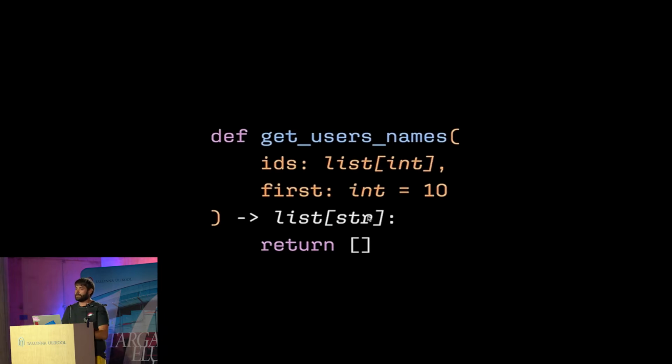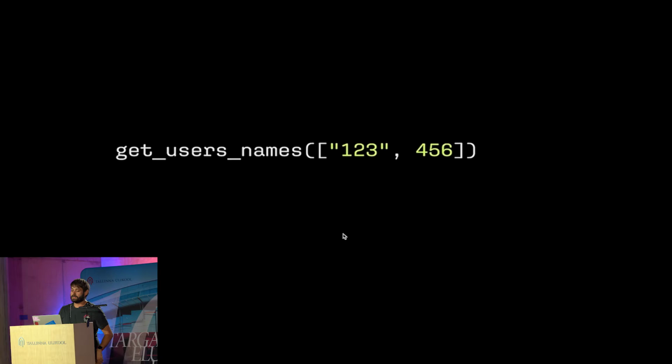But then when you combine this kind of documentation feature plus using a type checker like MyPy, you can basically make sure that the code that you are about to run doesn't have any type errors. So for example, here you can see I'm trying to use this getUsernames and passing a list of parameters where one is a string.